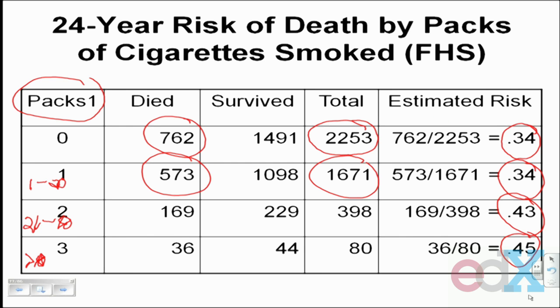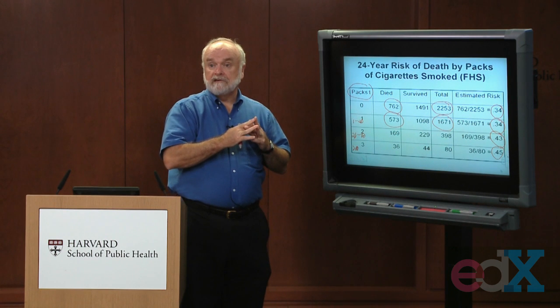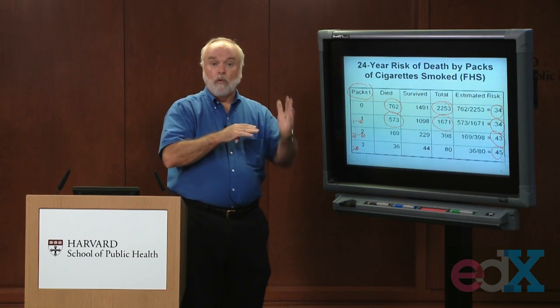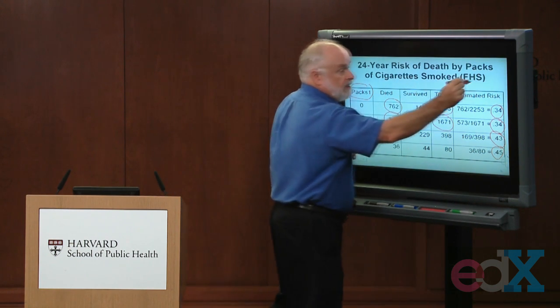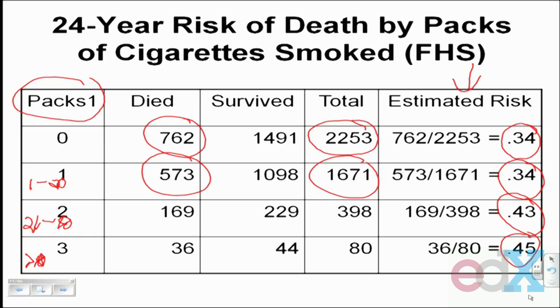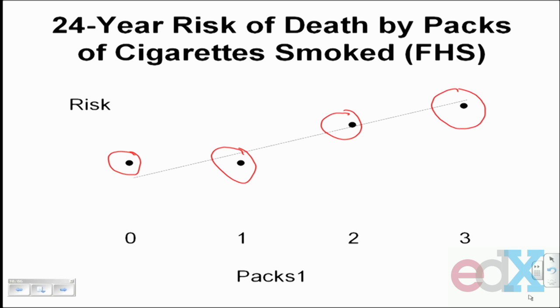Remember, the estimated risks were 34% for the first 2 categories, then it jumped up to 43, then it jumped up to 45. If I plotted that in 2-dimensional space, using as the y-axis, the vertical axis, your risk, the numbers in this last column, and the x-axis, the horizontal axis, the number of packs of cigarettes you smoked, that's what those 4 points would show.